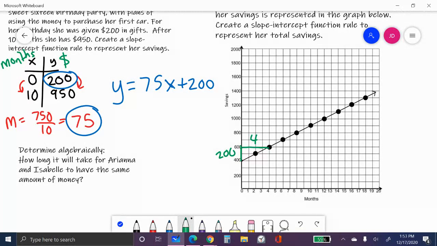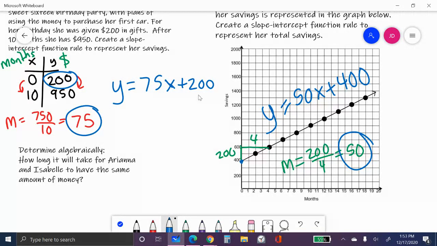So the slope for this scenario is 200 divided by 4, which is 50. And we know the slope of this one. Do we know the y-intercept right there is 400? So this equation is y equals 50x plus 400.